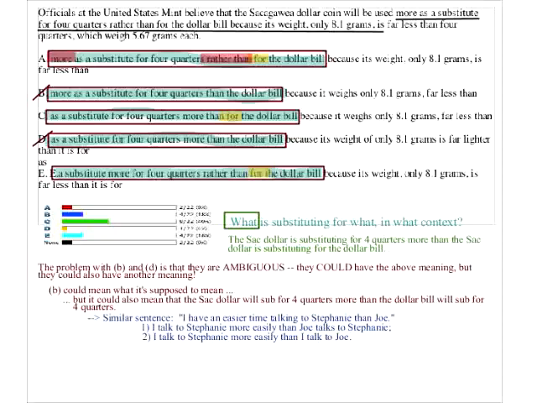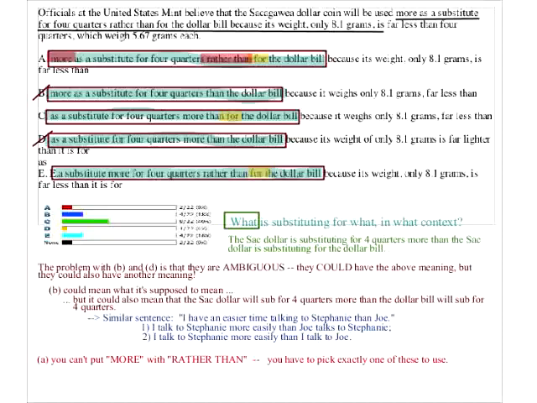You have to pick exactly one of these. You either say it's going to be used as a substitute for 4 quarters rather than for the dollar bill, or more as a substitute for 4 quarters than for the dollar bill. So like more for X than for Y, that's okay.